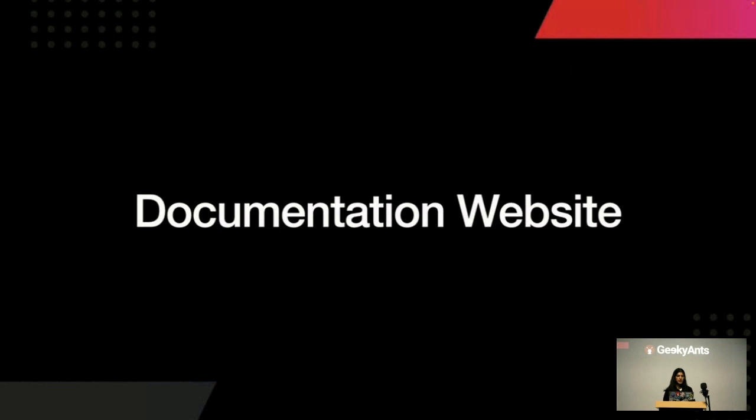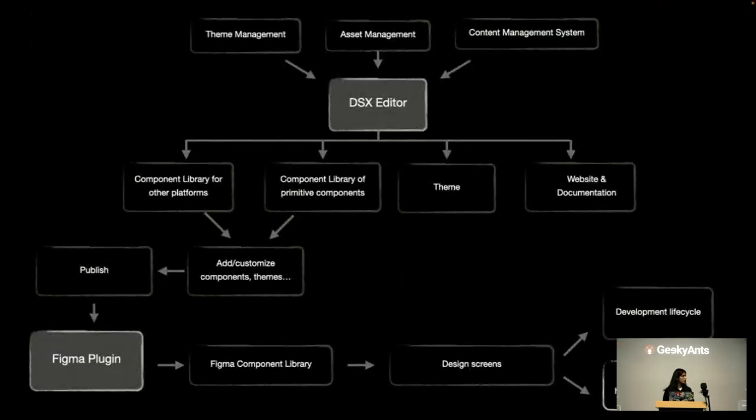Next is the documentation side, which plays a very important role in maintaining a design system at a large scale. To solve this problem, we are generating a brand website which uses the theme that you made, the assets that you added in asset management, and the content management is also there.